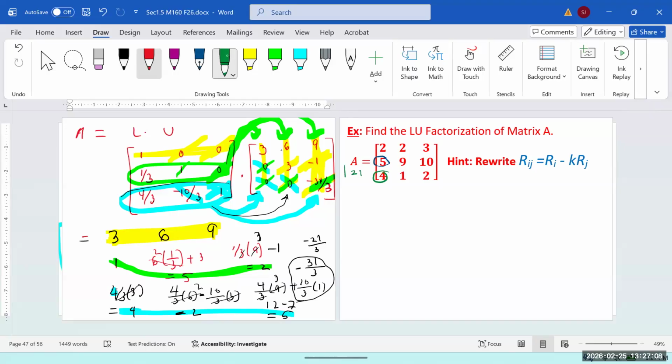This position is row number 3, column number 1. And this position is row number 3, column number 2. So these are the only 3 operations you have to do: row 2 minus something row 1, row 3 minus something row 1, and then row 3 minus something row 2. Only 3 steps. So go ahead, enjoy.